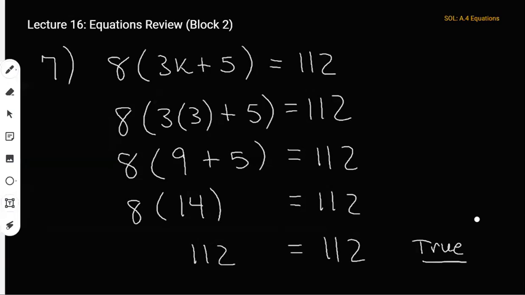All right, the last one we're going to do together is number 9. So let's try that one together. So 9 is going to be the toughest one that they give me. And that's because not only does it have the distributive property, but it also has variables on both sides.